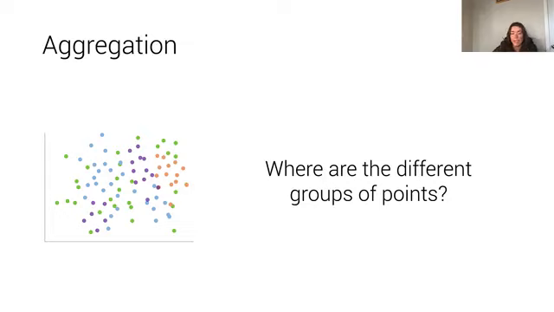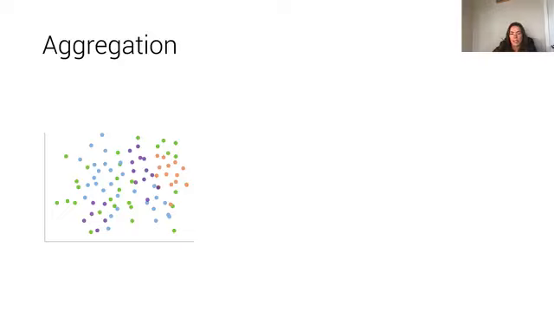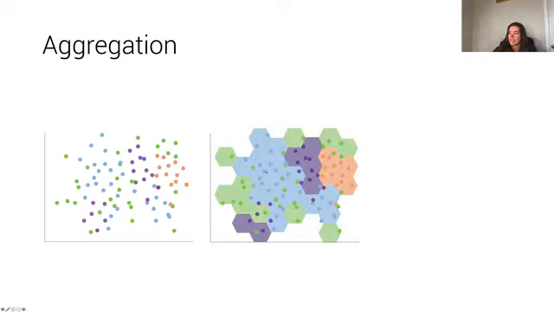When we have aggregation, what we're doing is taking lots of data and finding ways to simplify the representation by grouping data together. For example, if I care about where the different classes of points are in the scatter plot on the left, I might use some aggregation. I might do something like this technique here called hex binning, where I divide my visual space up into hexagonal bins, and then based on which points are most dominant in that bin, that gets assigned to the color of the hexagon.